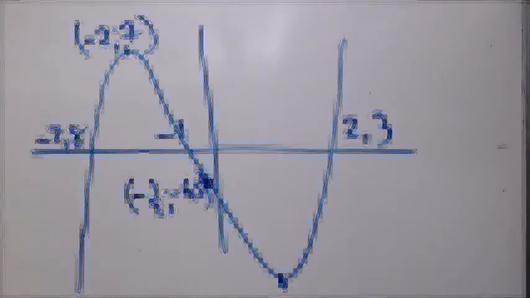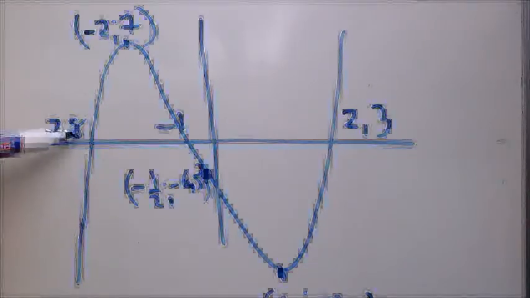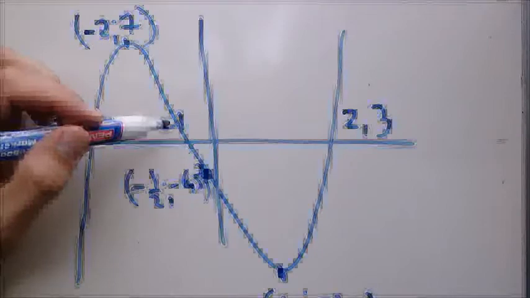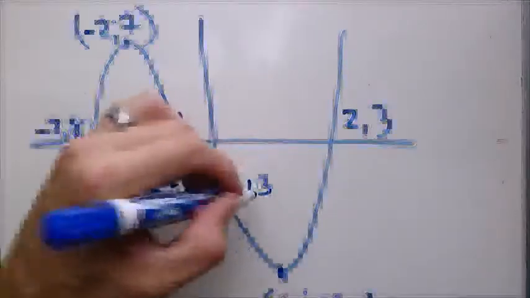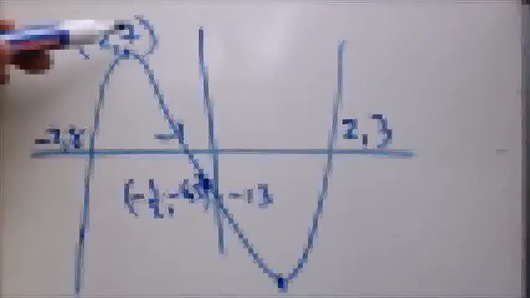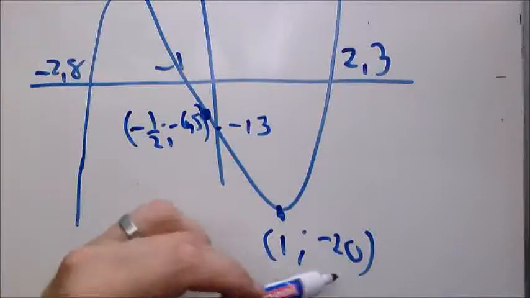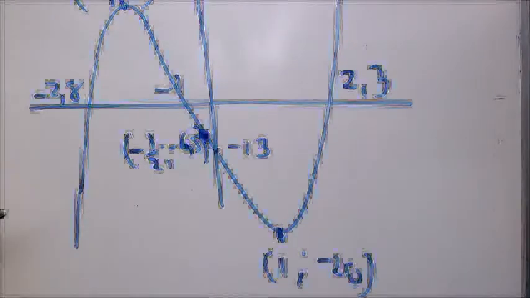Okay, so let's have a look. You have your x-intercepts, negative 2.8, negative 1 and 2.3. You've got your y-intercept as negative 13. You've got your turning points as negative 2 and 7, and 1 and negative 20, and your point of inflection negative a half and negative 6.5.